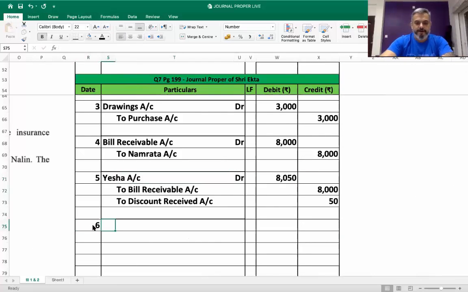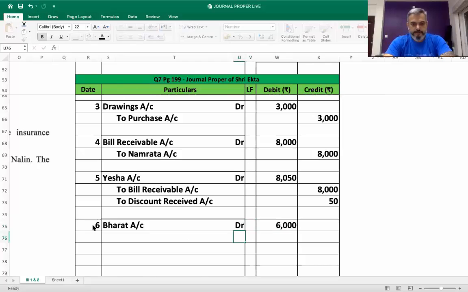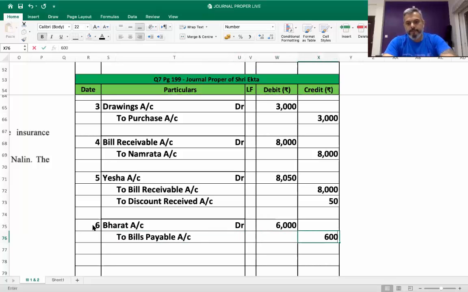Debit the receiver. So Bharat account debit, bill is of 6,000. Bill we have accepted and returned. So bill goes out to bills payable account 6,000.